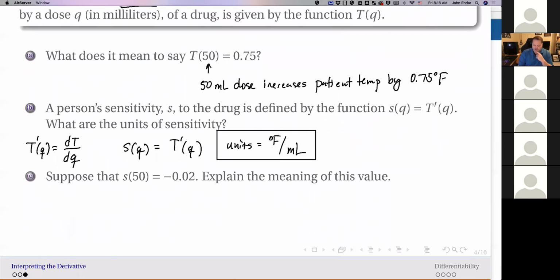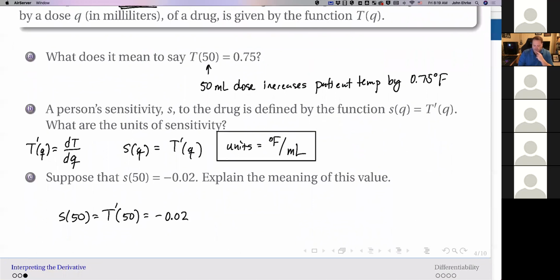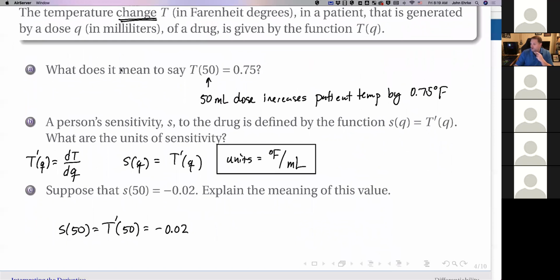So finally, if I said, what then is S at 50? That's the derivative of temperature at a dosage of 50. Even though in this part A, a 50 milliliter dose would increase the patient's temperature by 0.75, continuing to dose that patient according to this actually would drop the temperature.